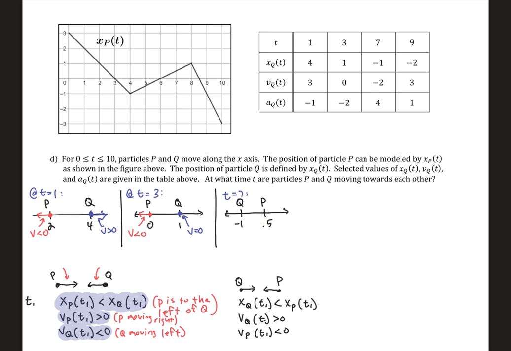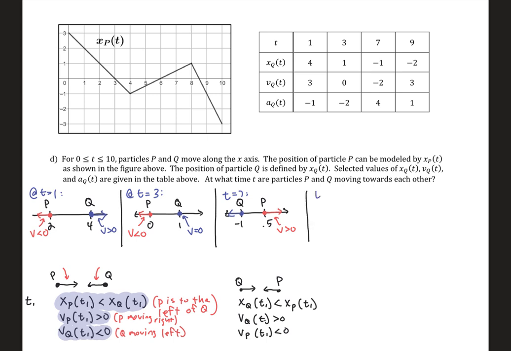For particle P, at t equals 7, the position's increasing, so the velocity is positive. So P is moving to the right. For Q, the velocity is negative, so it's moving to the left. So another instance where they're moving away from each other.